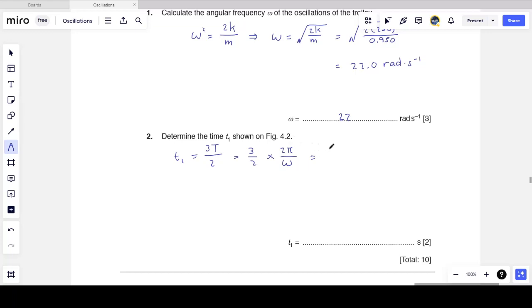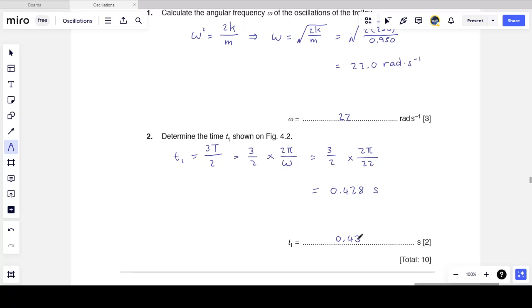So I had to do a little bit of mathematical manipulation there. So it's 3 over 2 times 2 pi divided by 22. And this gives me a time of 0.548 seconds, or to two significant figures, 0.43 seconds.